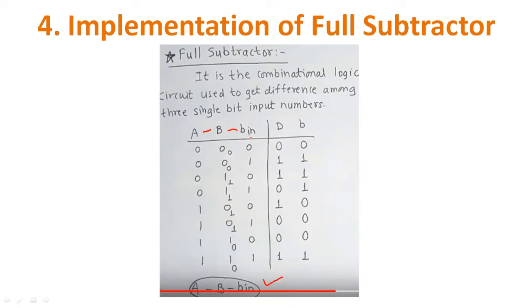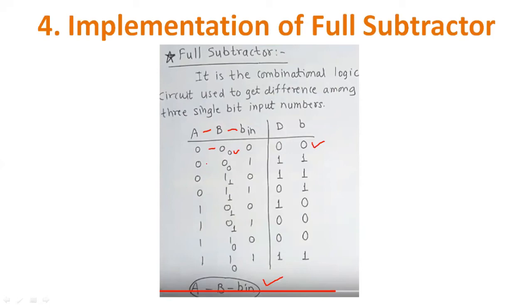This is how we will perform it, and we will write the difference and borrow bits. So first A minus B, that is 0 minus 0, result is 0 here. So 0 minus 0, the difference will be 0 and borrow will also be 0. No problem, both are 0.